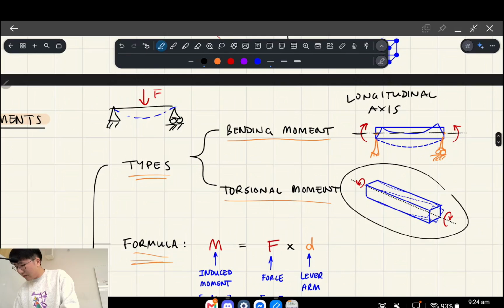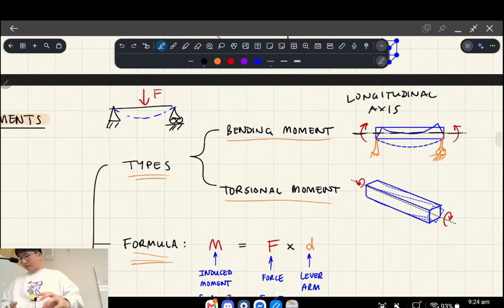The other thing to note is there's something called a torsional moment, which is if you instead imagine that longitudinal axis, let's call that L, on a similar beam or long, roughly one-dimensional object, and then you twist it relative to that axis, that's called a torsional moment, okay?